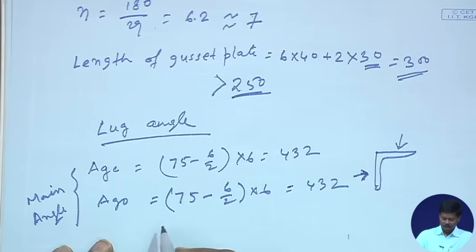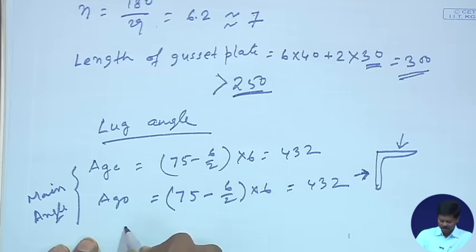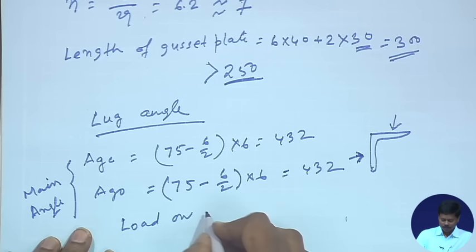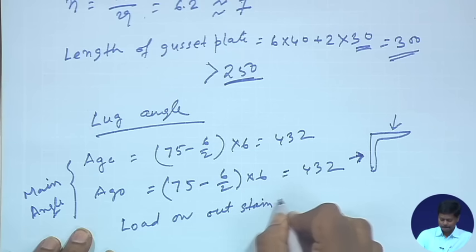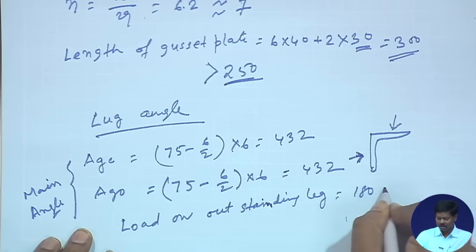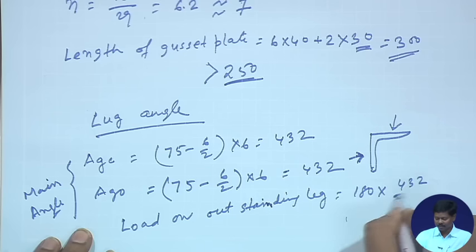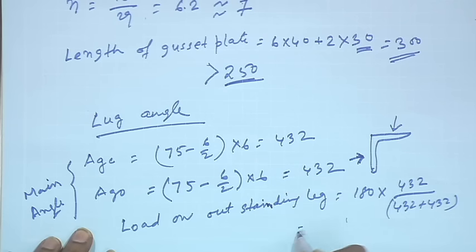So, load on outstanding leg of main angle will be 180 into the sharing, 432 by 432 plus 432, right. So, it will be 90.